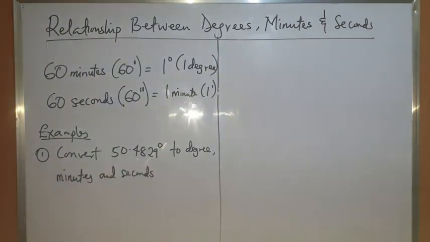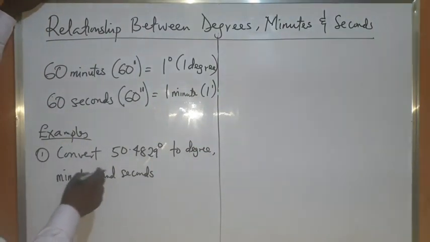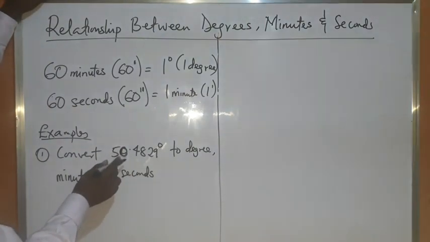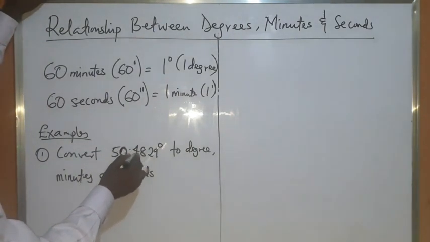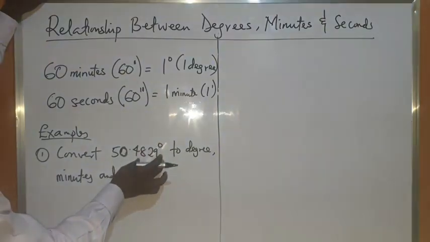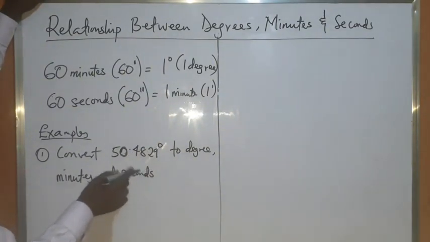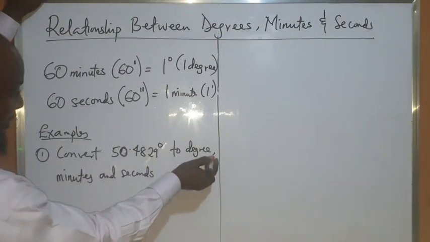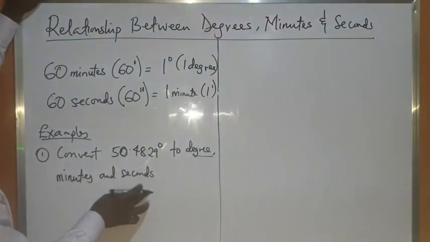What you're going to notice here is that 50 degrees is a whole number and 4829 is a decimal. The question asks us to change this to degrees, minutes and seconds.